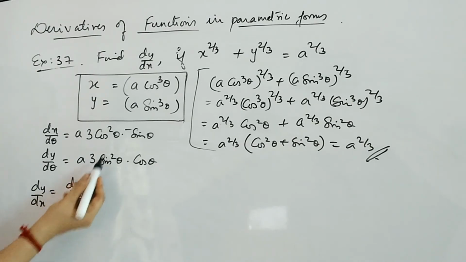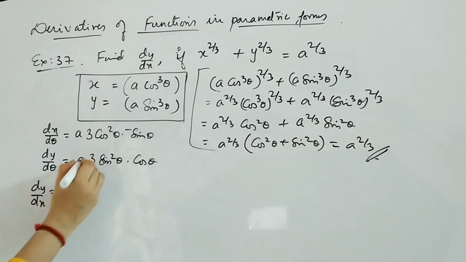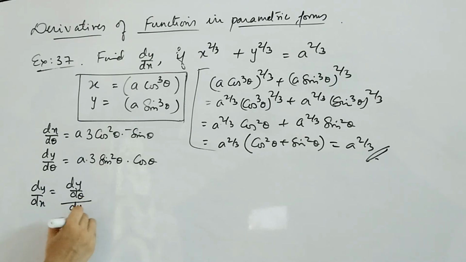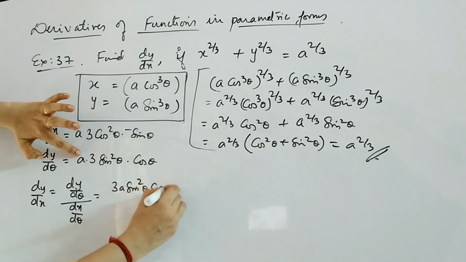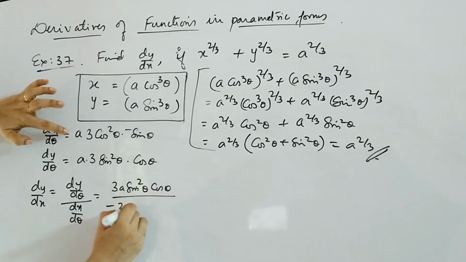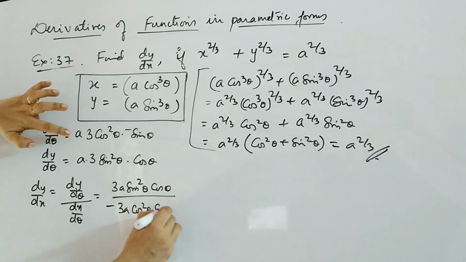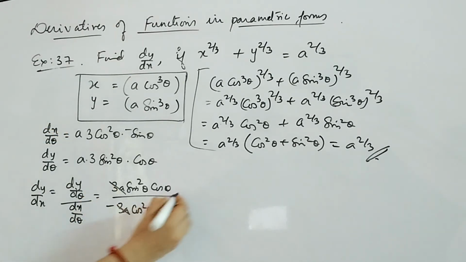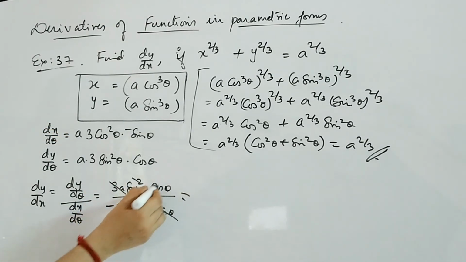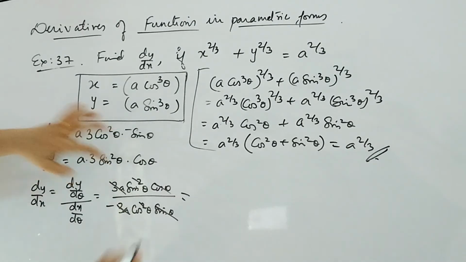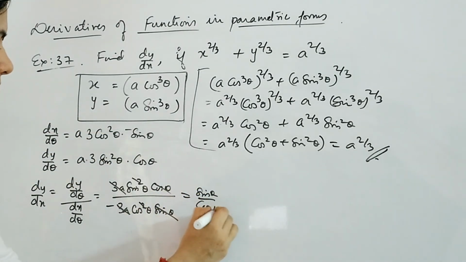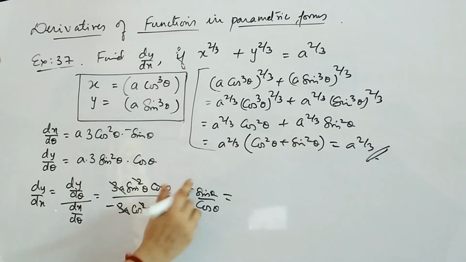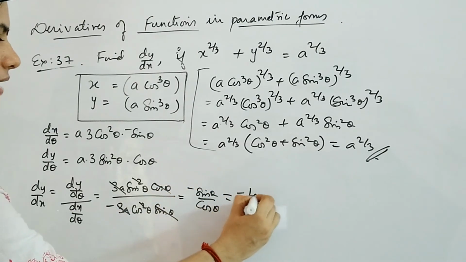That means second divided by first will give you 3a sin square theta cos theta divided by minus 3a cos square theta sin theta. One sin cancels, one cos cancels. So here you have a sin theta and here a cos and a negative sign. So this is your minus tan theta.